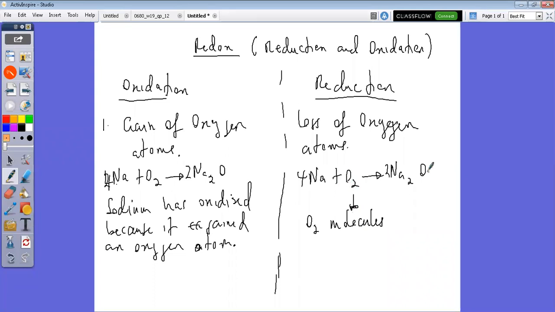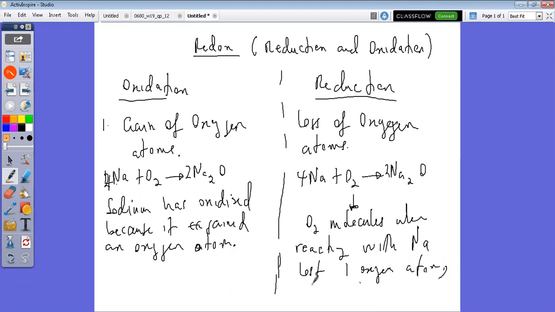It was 2, now it's 1. It has lost an oxygen atom. So the oxygen molecule, when reacting with sodium, lost one oxygen atom. So it has been reduced. Are we together?